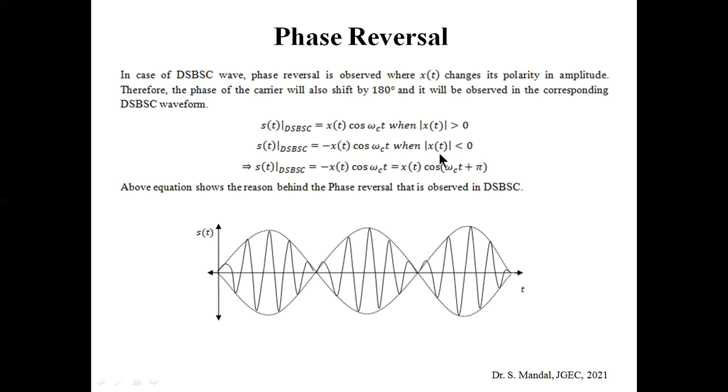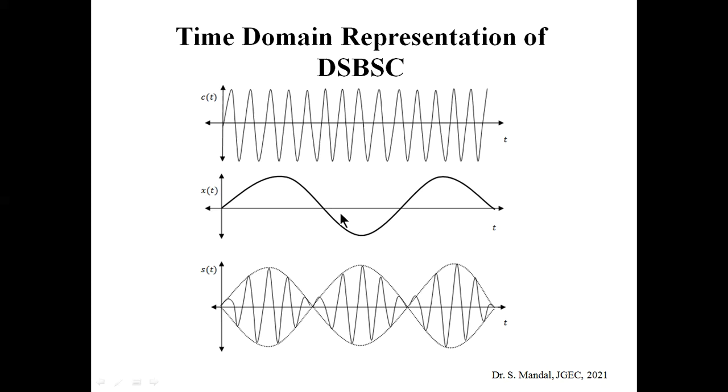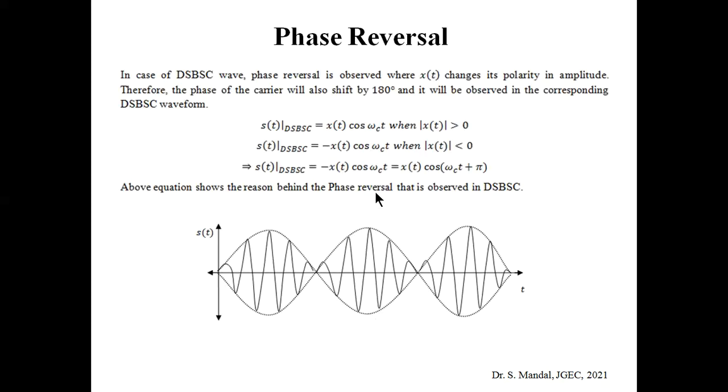But when the amplitude of xt is less than 0, what will happen? We can write st DSBSC equal to minus xt cos omega ct, because its amplitude is negative right now.